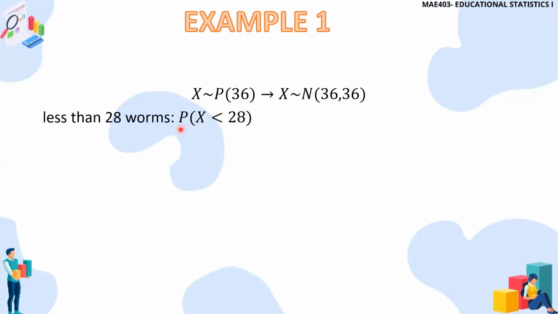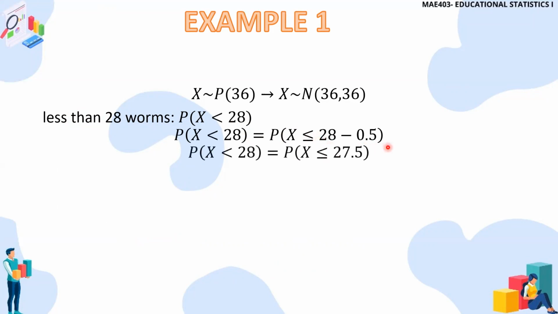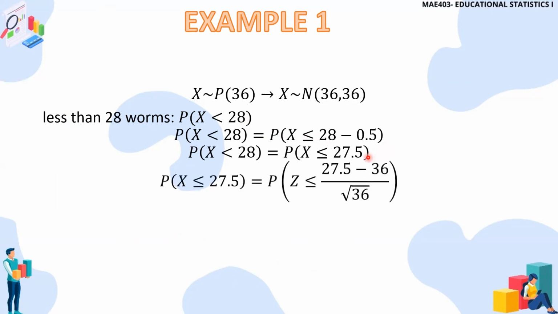Now the question asks you to find the probability that the number of worms found in 3 patches of 1 square foot is less than 28. By using the continuity correction, 28 minus 0.5, you need to find the probability of X less or equal to 27.5. Approximate to the standard normal distribution, 27.5 minus 36 divided by the square root of 36.